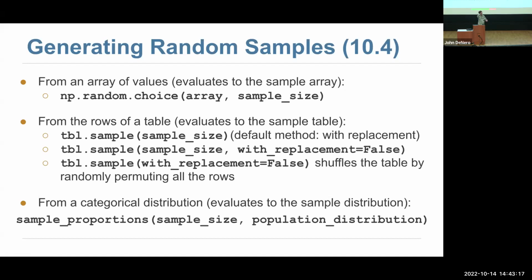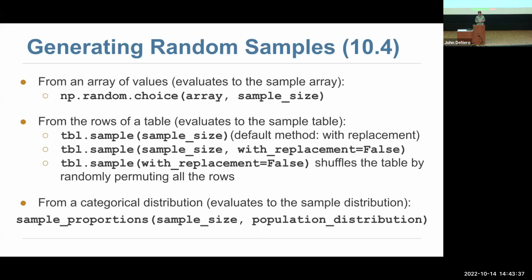You want a table with all the rows that you had before. So what are you sampling? Well, you're sampling the order. Because you're choosing row 5 first, and then row 12, and then row 3, and that's how you build up your new table.